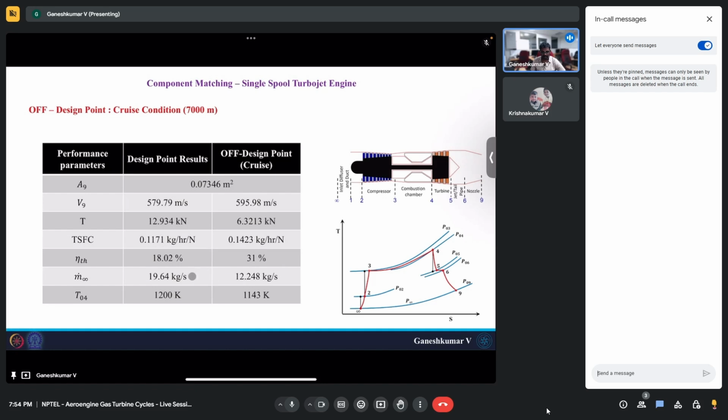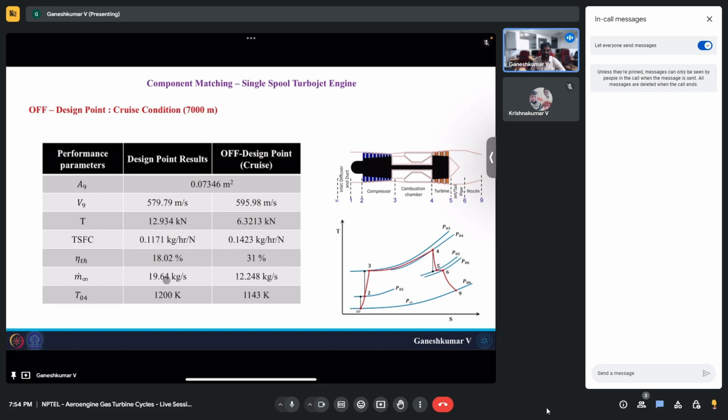Because the TSFC, you can see, is higher, I would probably expect the overall efficiency to be lower than the thermal efficiency that we see at the design point. Anyway, that is secondary, it doesn't matter here.